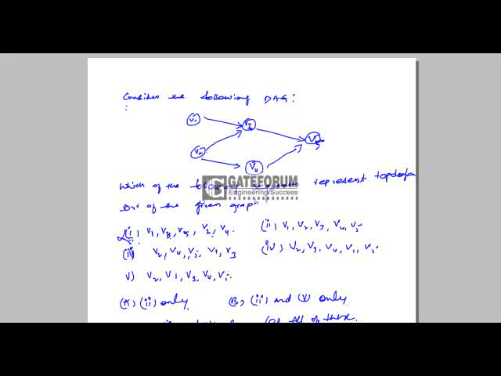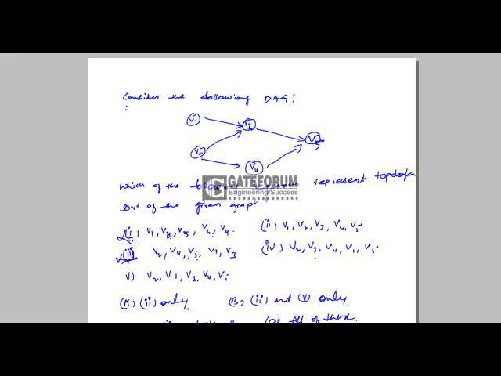V3, V5, this is also okay. V1, V4. There is a path from V1 to V5, but here V1 came last. According to this, V1 should not come after V5. So we can eliminate this third one also.